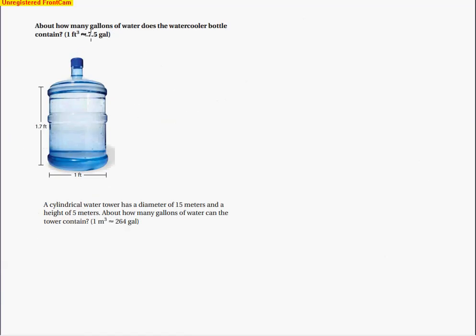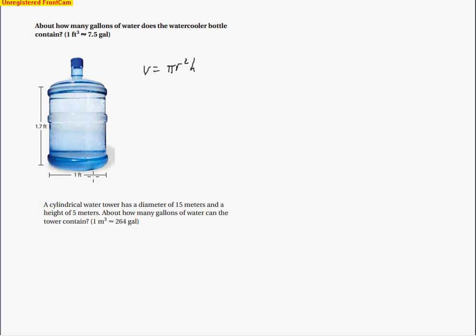What's different here is that we have to do something with the volume once we find it. It says about how many gallons of water does the water cooler bottle contain. So it tells us that a gallon is equal to about 1 cubic foot. So let's find out the cubic feet of the cylinder. Ignoring the top portion, just looking at the cylinder, we're going to start off with our volume formula, pi r squared h.